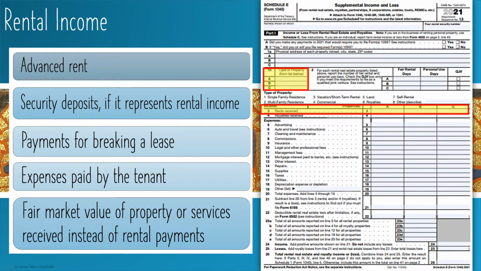So rental income can include advanced rent. So if our taxpayers received cash for rent, they need to report that on their return. That includes security deposits if it represents rental income. And what that means is if the renter is able to get that deposit back, it's considered a deposit and not rental income.